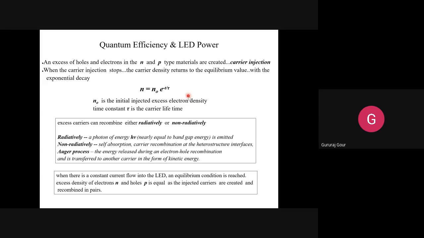If you assume N naught is the initial injected electron density, then the exponential decay is given by e to the power of minus t by tau, the carrier lifetime. So how long the injected carriers remain in the conduction band before they fall to the valence band will decide that decay rate.